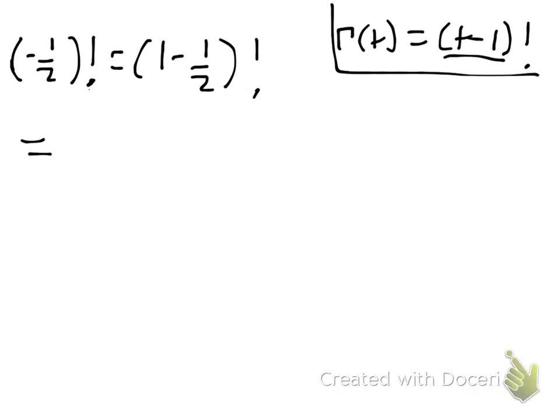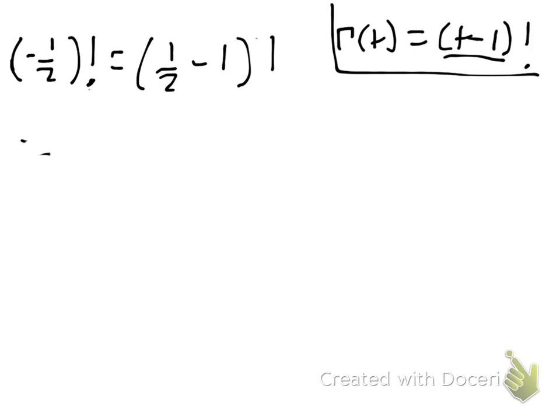So this must be equal to, sorry, negative 1/2 factorial is equal to 1/2 minus 1 factorial. Right, a half minus 1 is negative a half. So now we see from over here that t is equal to 1/2. So this is equal to gamma of 1/2.